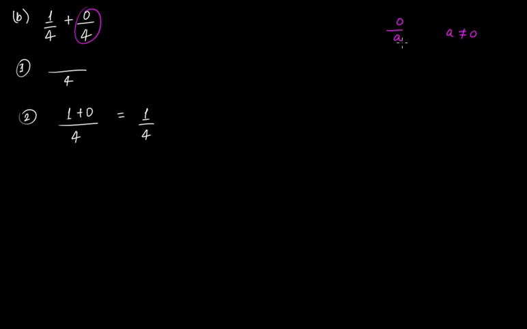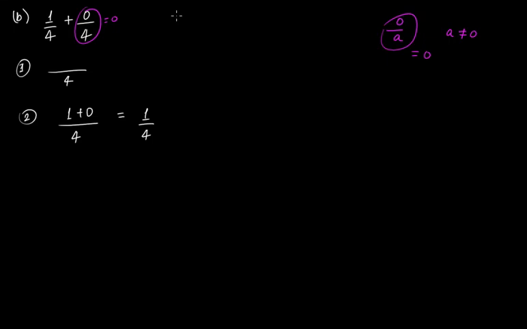If a is not equal to 0, and if it is any number or integer, whether positive or negative, the result of this fraction will always be 0. Like in this case we have 0 divided by 4, then this will be actually equal to 0.